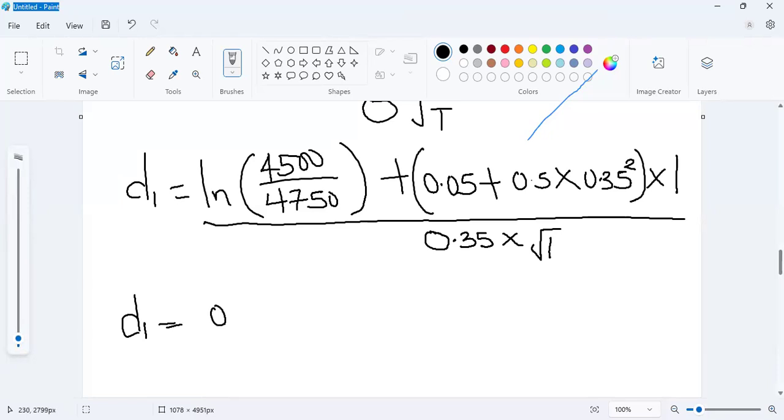0.1634. Correct. As soon as you get your D1, just move to your D2.